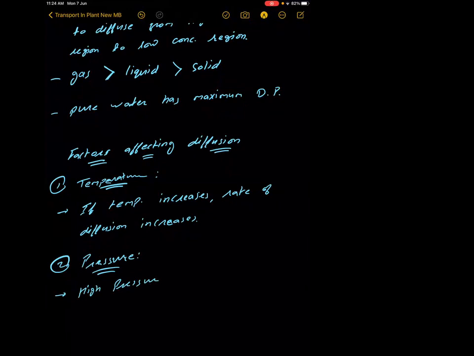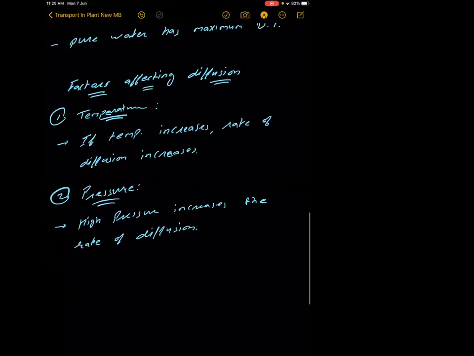High pressure increases the rate of diffusion.